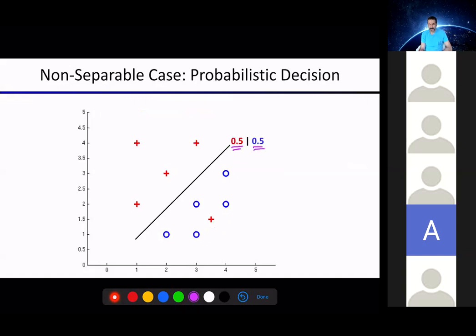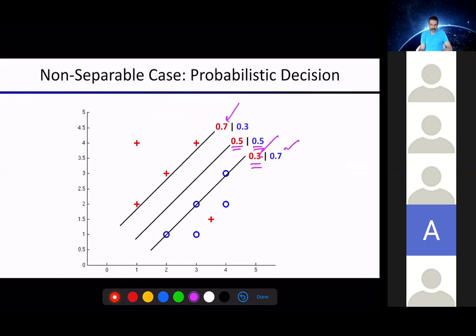assign probabilities to each class, right? So if you move toward this, basically you want to assign less probability to these red classes and more probability to the blue classes, right? The other way around is vice versa.